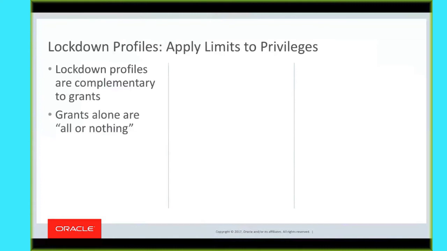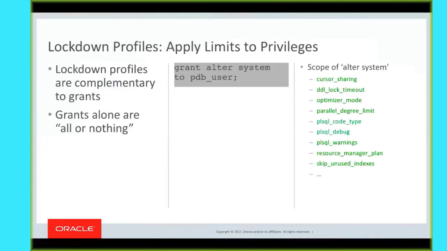For example, when you grant the alter system privilege to one of your users in a PDB, you may only want him to perform certain PL/SQL related parameter changes using alter system, but it may end up meaning much more than that. That user might be able to do many other things with his alter system privilege.